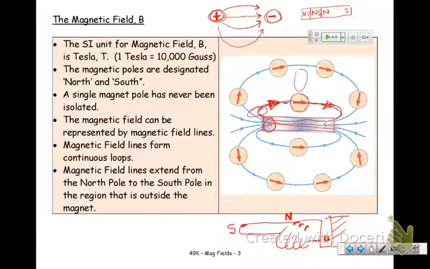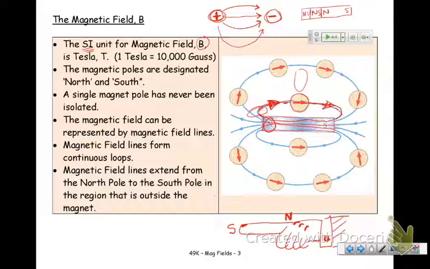So we say the SI unit for magnetic field is B. Why not M? Because we've used M about three times already. So B. The SI unit for the magnetic field is the Tesla, named after not the automobile but Nikola Tesla, the big T. Before SI units became so prevalent, people actually used CGS units and then MKS, which is very similar to SI.